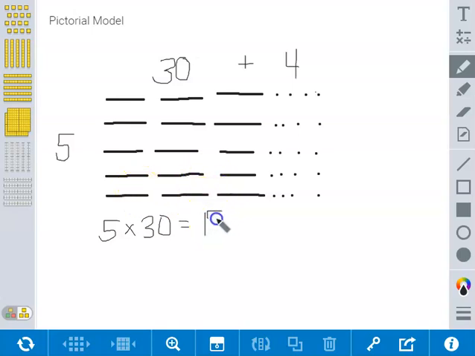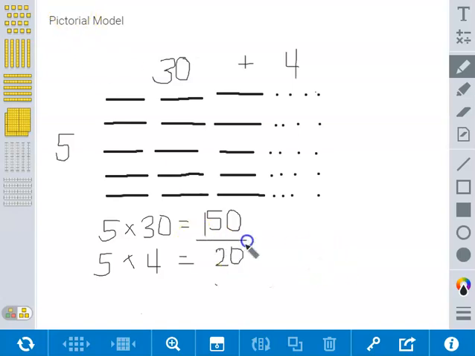So in 5 rows of 30, we have a total of 150. And now we are going to count our ones. In 5 groups with 4 in each, we have a total of 20 marshmallows.